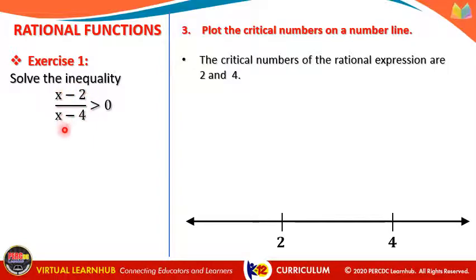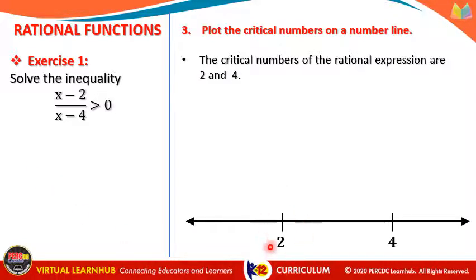Since ang x na kung saan magiging 0 ito ay positive 2, hindi natin iyon isasama. Again, hindi pwede na yung rational expression mo ay maging 0 kasi nga greater than 0 tayo. Alam natin na magiging 0 ito if x is positive 2. Therefore, conclusion, yung x na positive 2 ay hindi kasama sa solution natin.